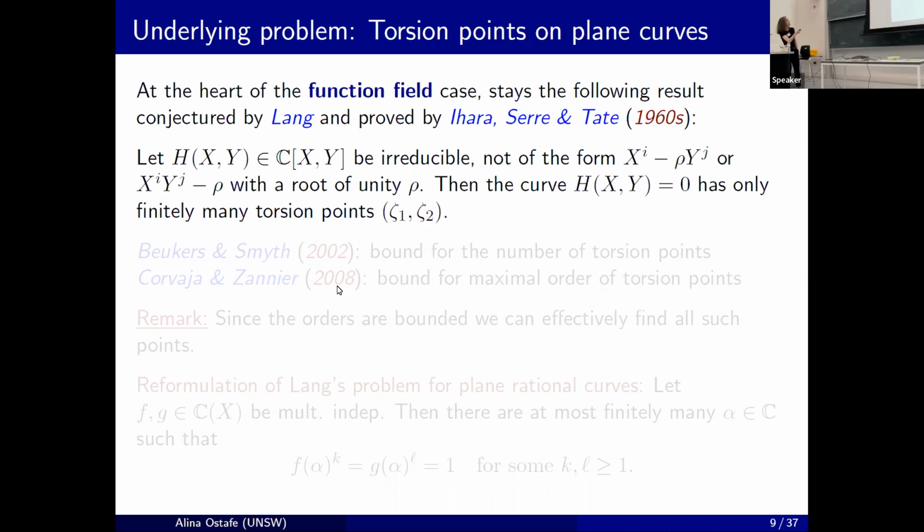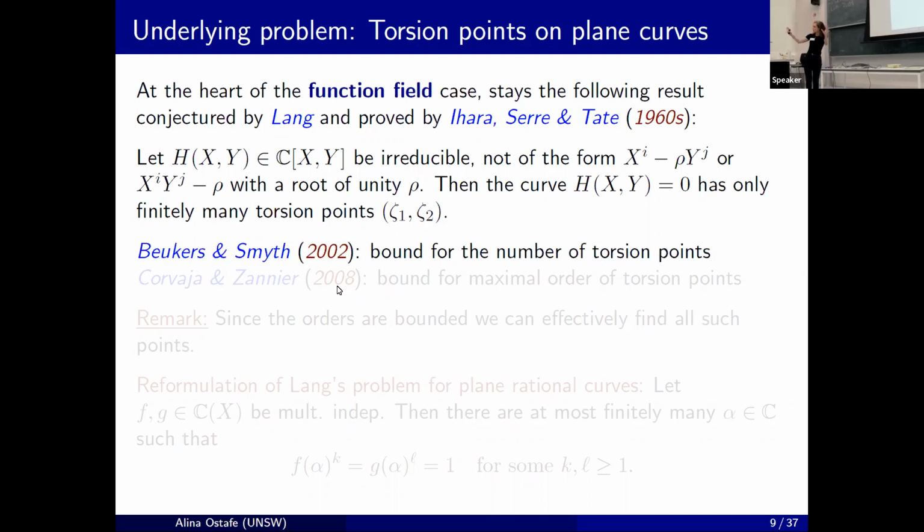So let H be a bivariate irreducible polynomial, not of this special form, where rho is a root of unity. Then the curve contains only finitely many torsion points. So again, there are finitely many points with coordinates in roots of unity that satisfy this polynomial relation.